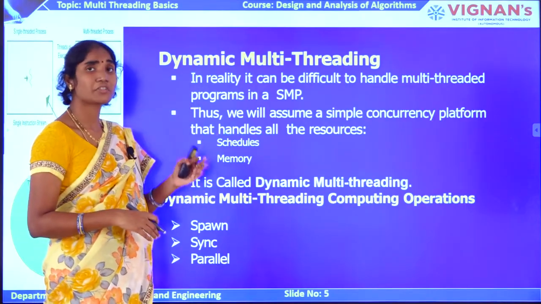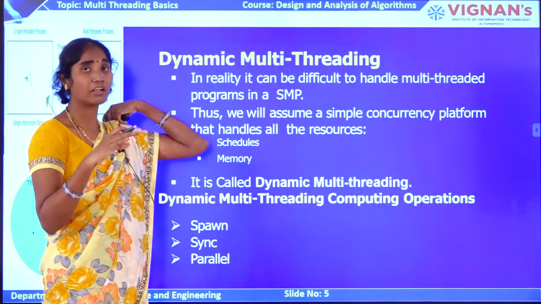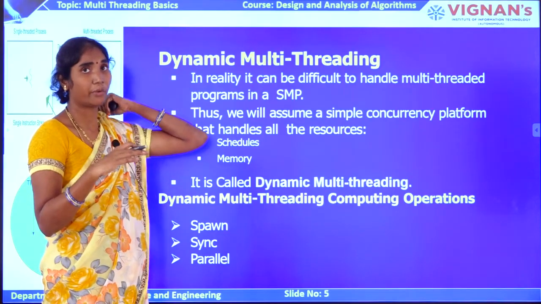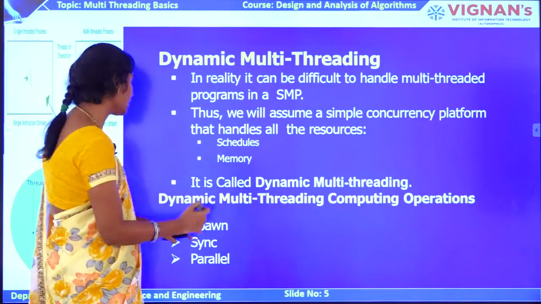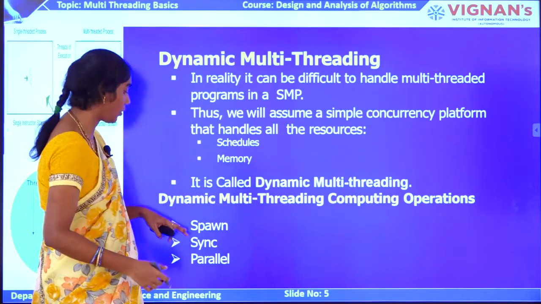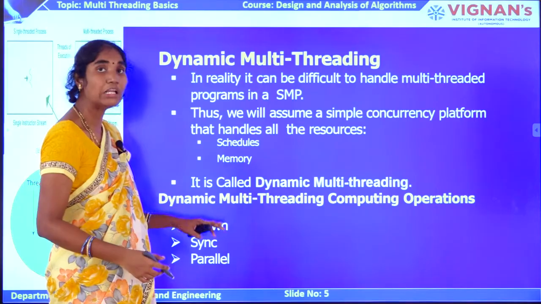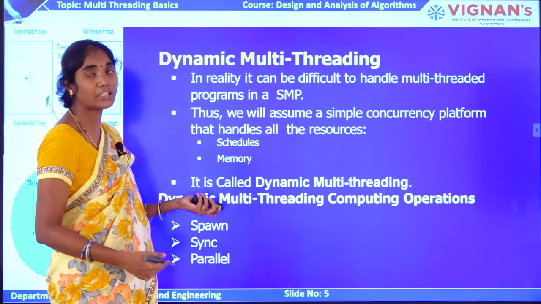Now what are the operations we are using to make a dynamic multi-threading, right. In order to make a dynamic multi-threading, we are using 3 operations: spawn, sync and parallel. Now we will see all these operations.